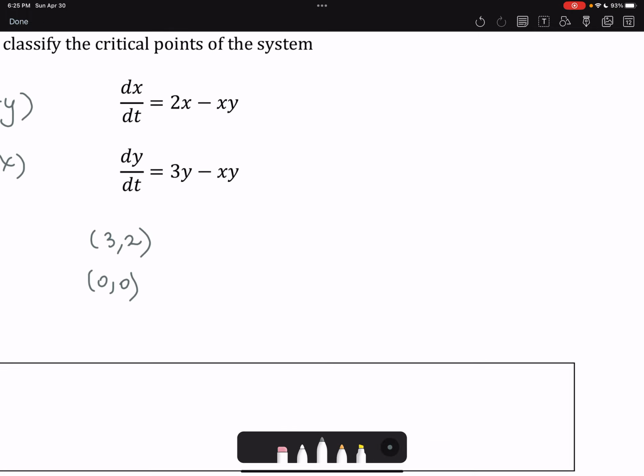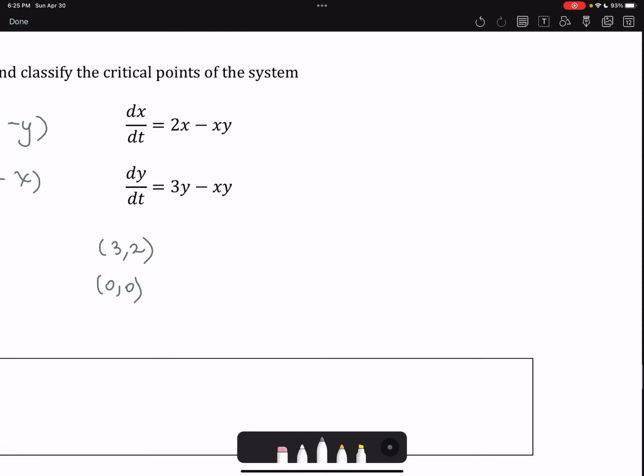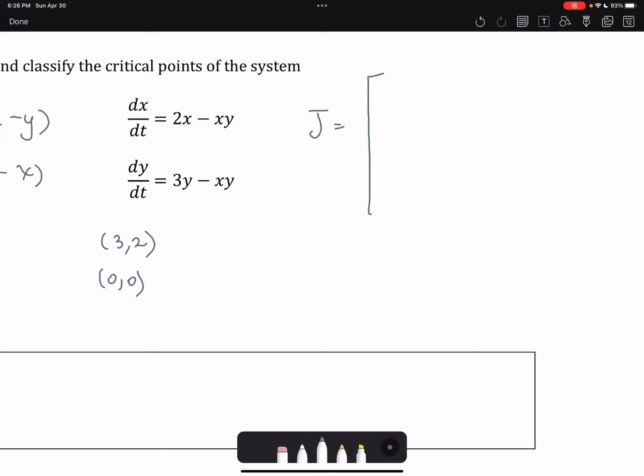Now let's try and classify them. So we're going to find the Jacobian of this. The first one, we're going to call this P of x, y, and this, we're going to call it Q of x, y. So we're going to get the derivative with respect to x is going to be 2 minus y, and then here minus x.